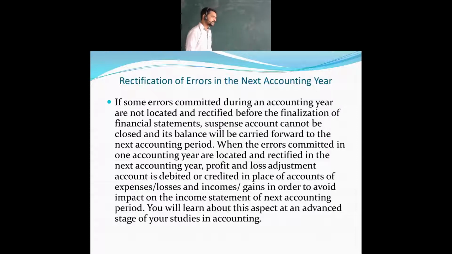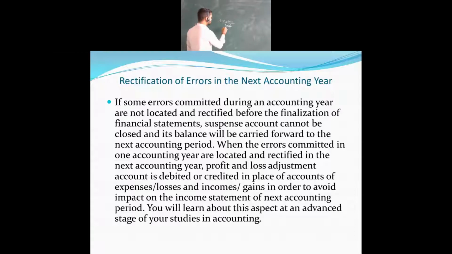Let's see. If some errors committed during the accounting year are not located. Now here, let's imagine this was the year 1920. This is the financial year we are going to see. Now in this year it is not located. In this year we have not located any error.